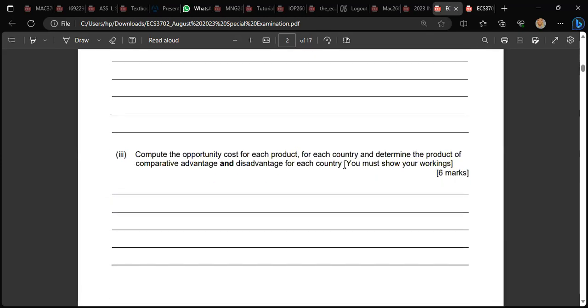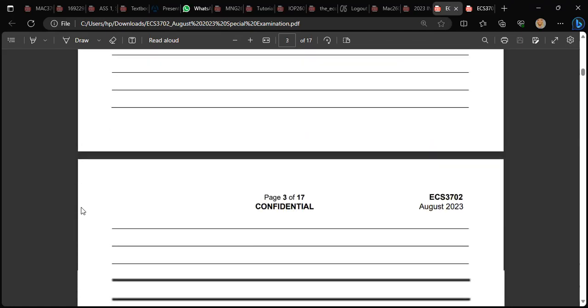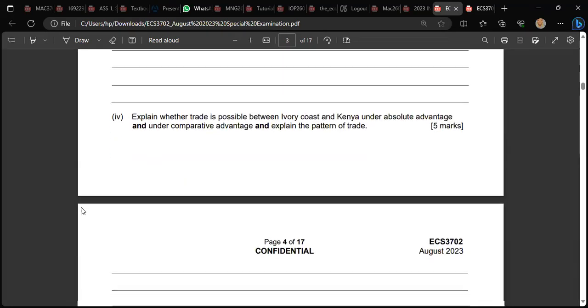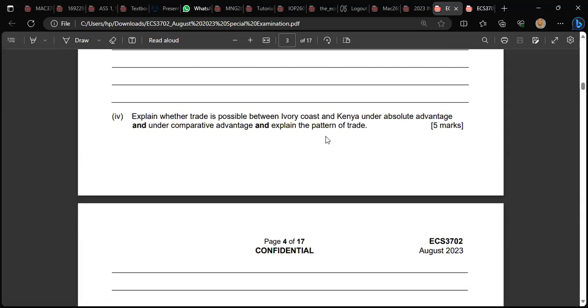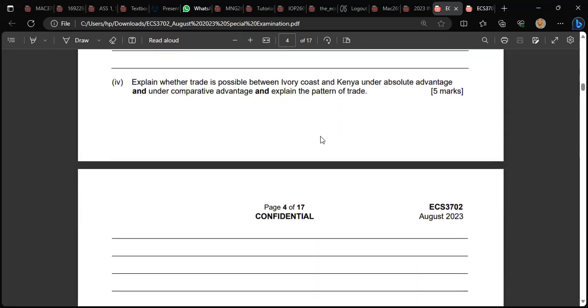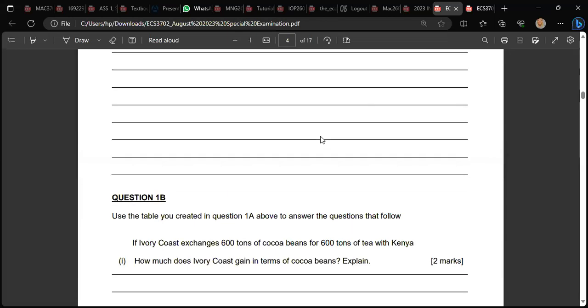Then opportunity cost, where we show workings again, that's going to be another 6 marks. And then explain whether trade is possible under absolute advantage and under comparative advantage. And then we explain the pattern of trade.